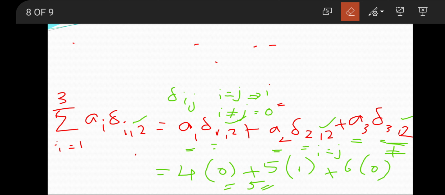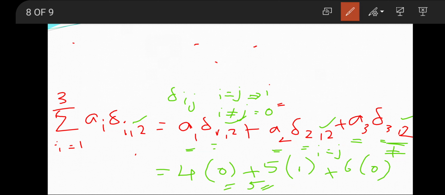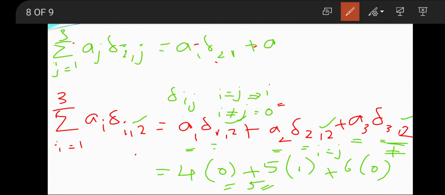Suppose now we keep the i value constant and do the summation with the j value, that is summation j equal to 1 to 3, a_j delta 2 comma j, which means the i value 2 is kept constant and the j value is summed from 1 to 3, which means a1 delta 2 comma 1 plus a2 delta 2 comma 2 plus a3 delta 2 comma 3.